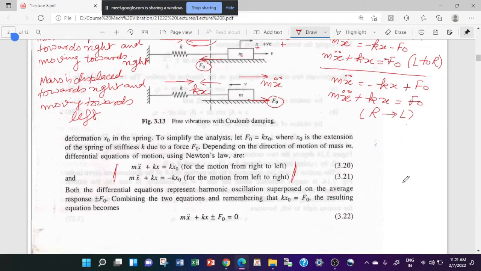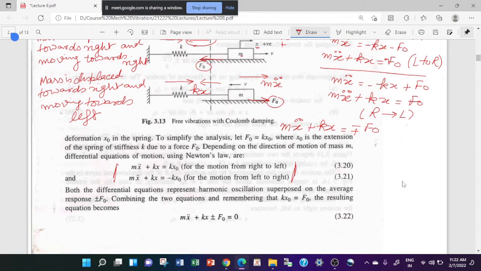So now I can combine these two equations and you are getting mx double dot plus kx is equal to minus plus f naught. Or I can show your top one, that is your minus sign represents left to right motion and the plus sign represents right to left motion.